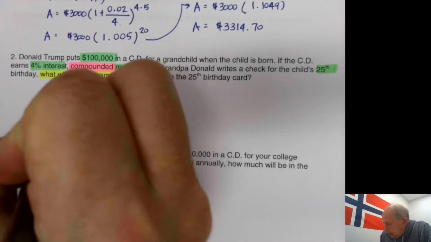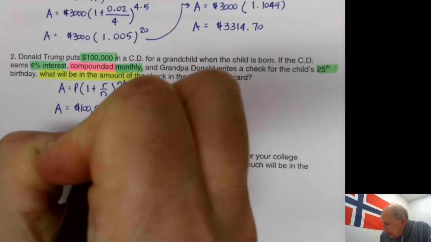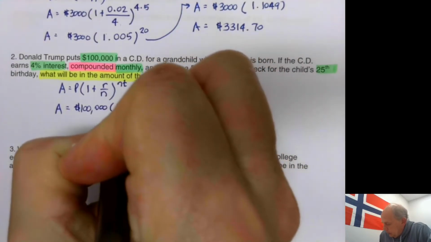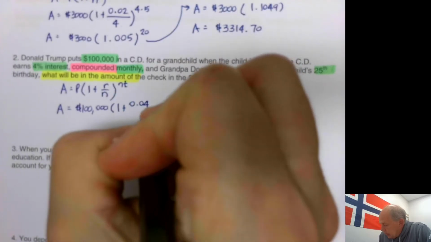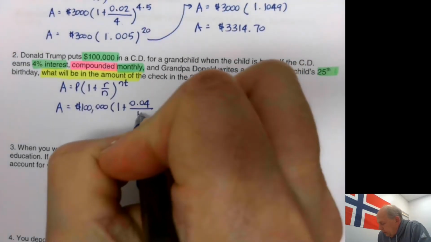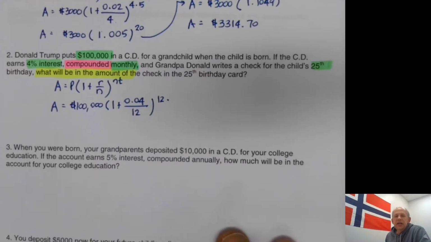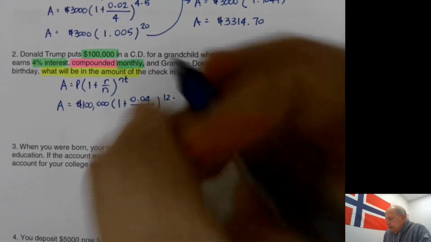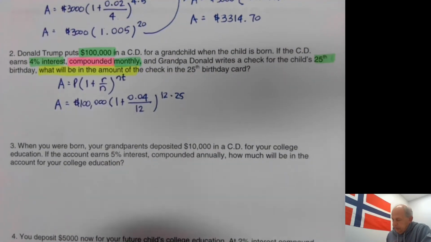So let's plug in the numbers. $100,000 was deposited in an account. The interest rate, change that to a decimal. This time my N value is going to be 12 for monthly compounds, and the T value, the money is going to sit in the bank for 25 years.